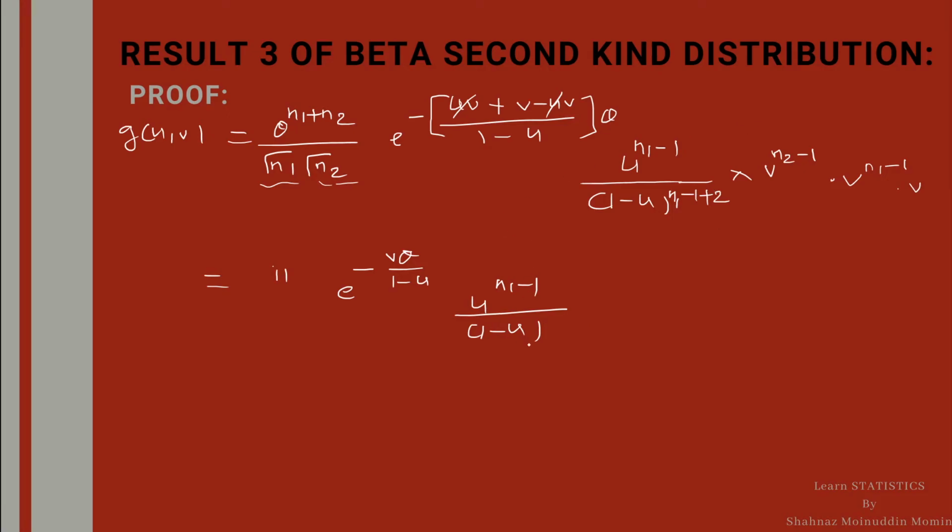Here 1 minus u raised to n1 plus 1 from this into v raised to n1 plus n2 minus 1. This is the joint PDF of U and V.